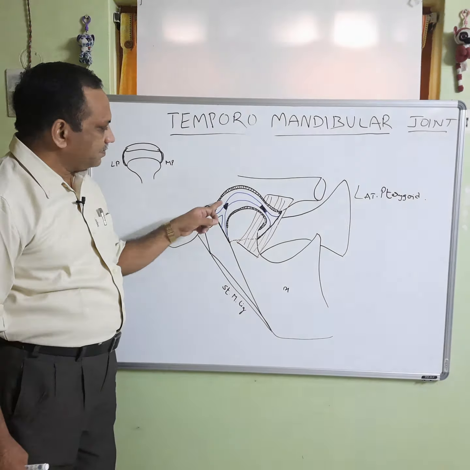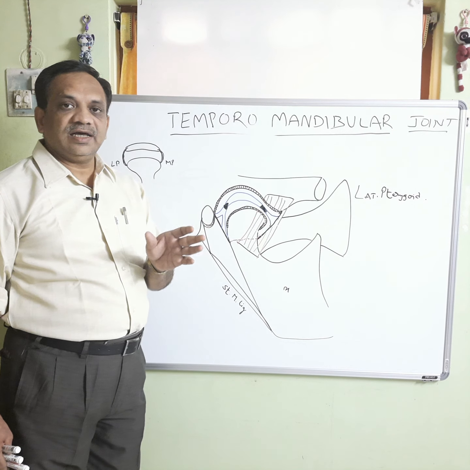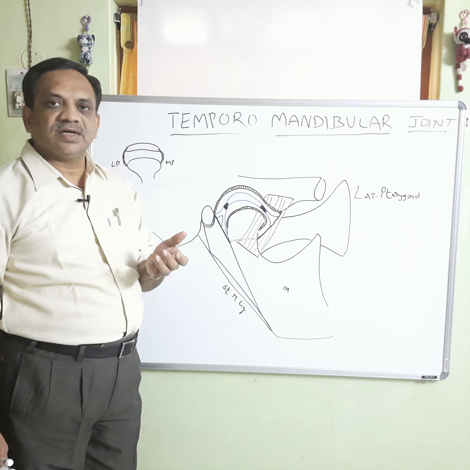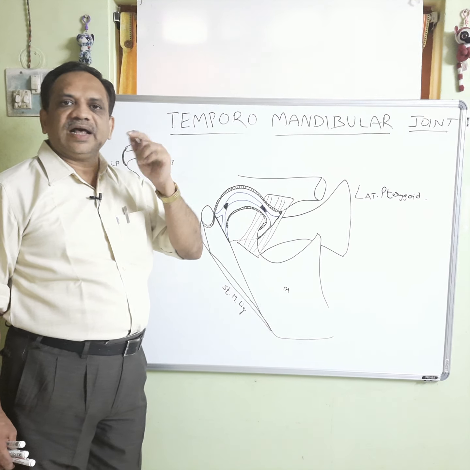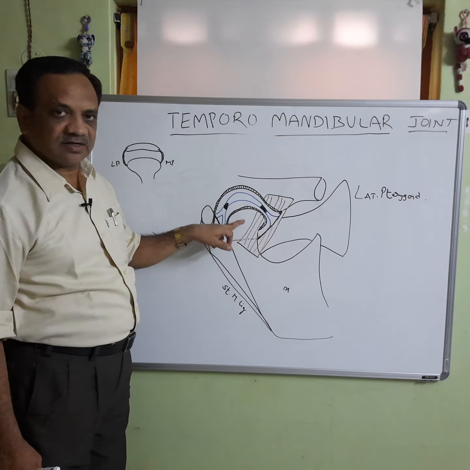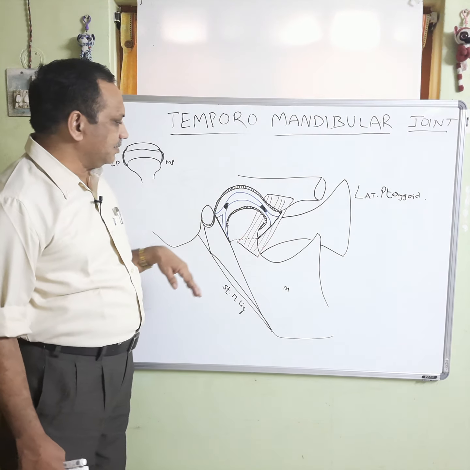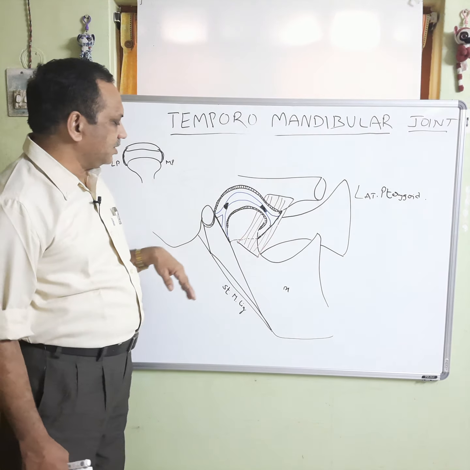So, this facilitates the movements of the mandible, especially side to side movements and movement around a transverse hinge. Hinge type action will be there while moving the mandible. So, these are the ligaments which are present here.